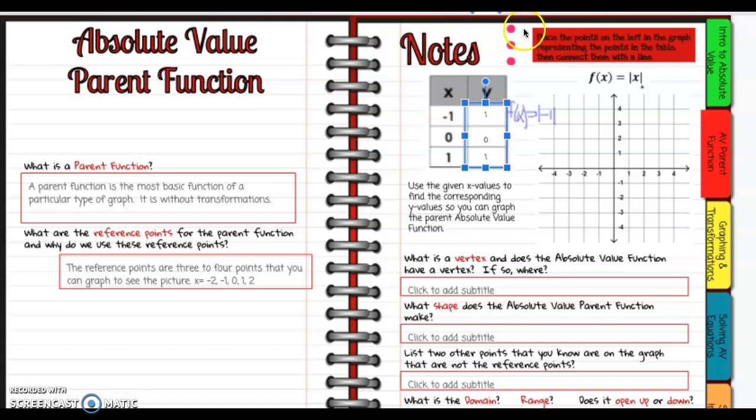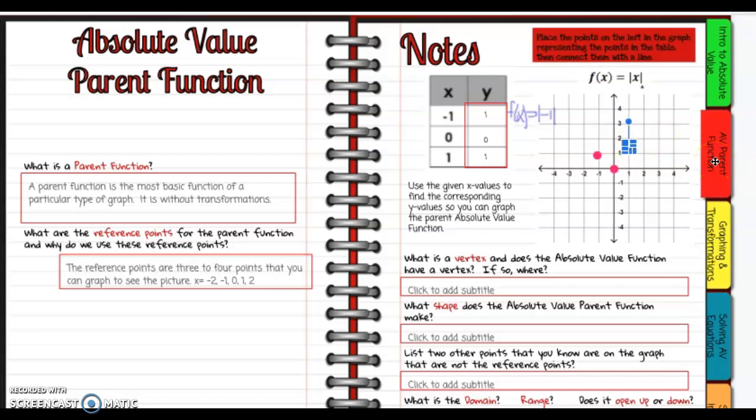So now let's take these points and drag them to their correct spot. So -1, 1 would go right here. 0, 0 would go right here. And then 1, 1 would go here.